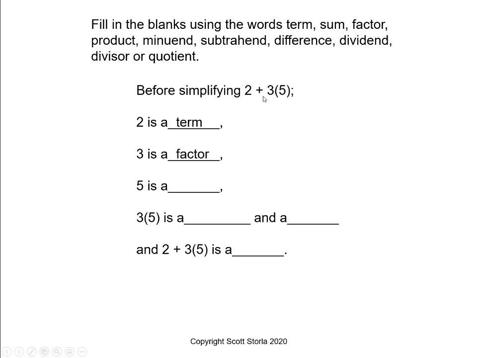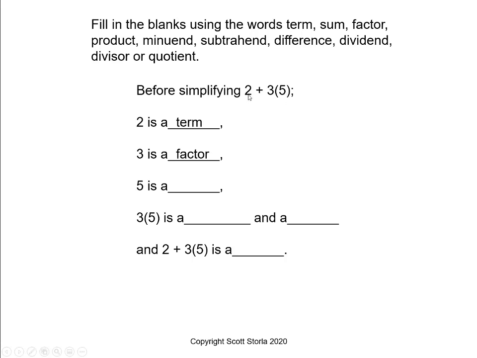And the reason for that is, if you look at the 3, it's actually part of a product here, 3 times 5. And by the order of operations, the product is going to get done before the sum. Which means you can't say 3 is a term because it'll actually be part of a 15, and the 15 will be the term.